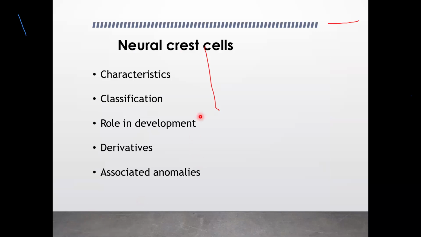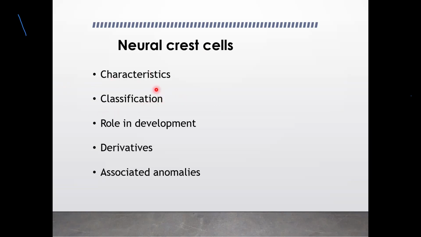Then we go and talk about the neural crest cells. For the neural crest cells, we can appreciate that they have specific characteristics. First of all, they are migratory. They have anteroposterior polarity, and they are undifferentiated. They can form any structure. For the classification, this one is a little bit complex.